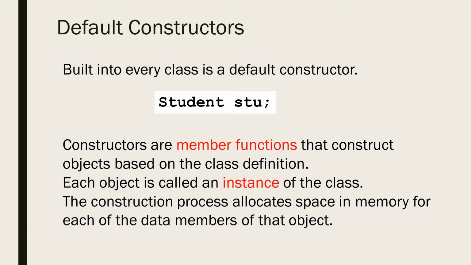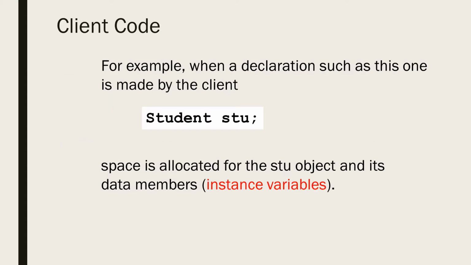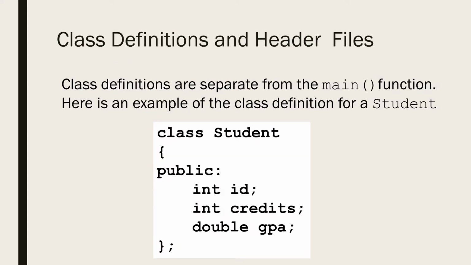That object contains a whole bunch of member functions and data members that the constructor creates. We say that every constructed object is an instance of the class. So constructors instantiate objects, and each object is an instance of the class and contains variables defined by that class.